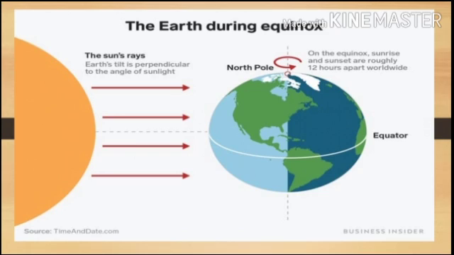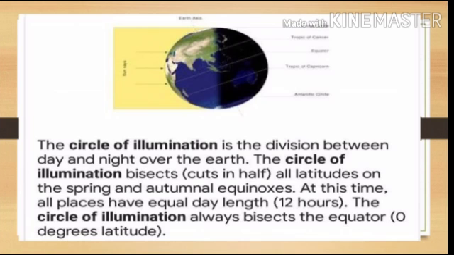This condition is called equinox. The circle of illumination is the division between day and night over the earth. This circle of illumination bisects all the latitudes on the spring and autumnal equinoxes. At this time, all the places have equal day length, that is 12 hours.